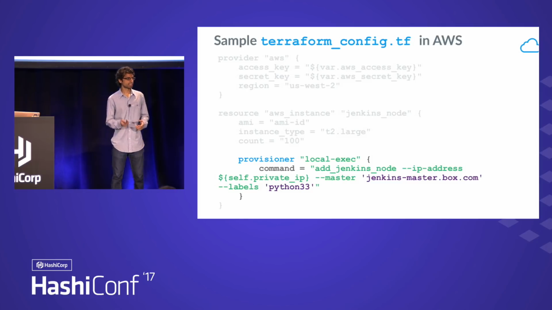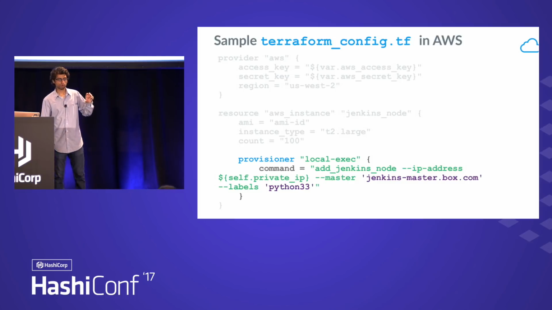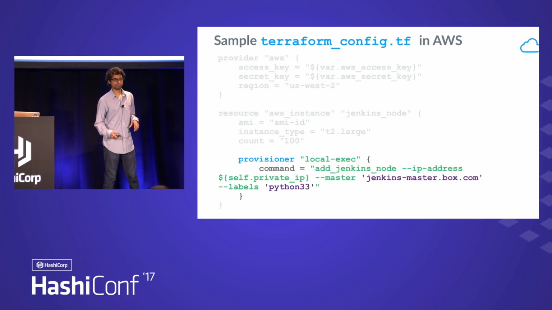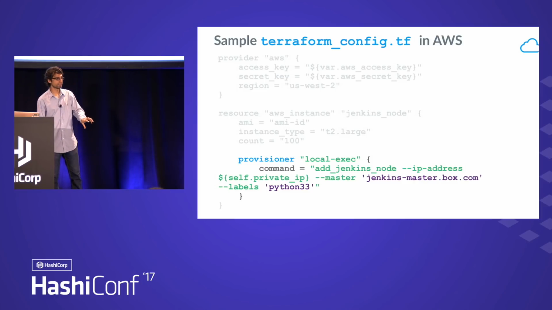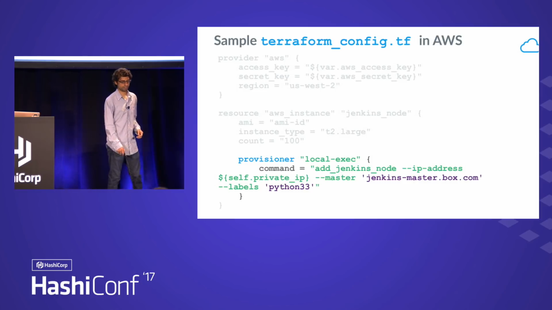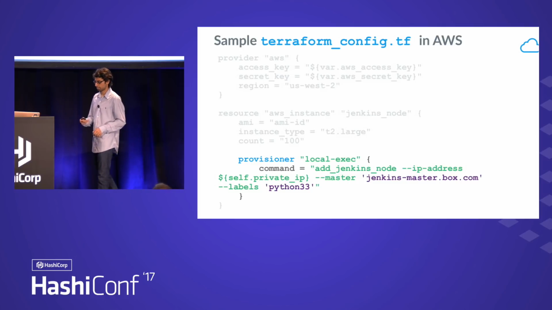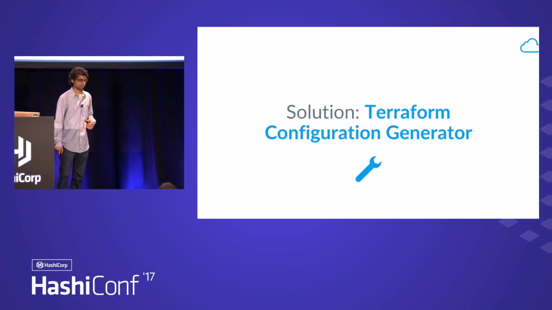I just want a Jenkins node attached to a Jenkins master. So there's a chance for reusability. With Terraform, I would either have to use the module structure, or I would have to duplicate this code in the OpenStack configuration.